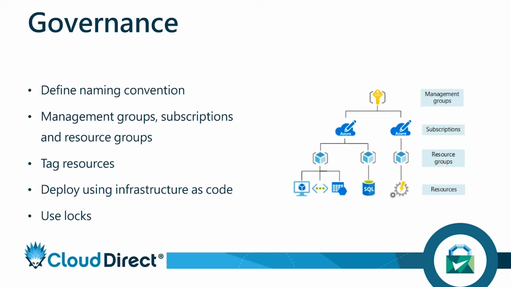Also, consider using infrastructure as code for your deployments. So that could be ARM templates or something like Terraform. It just allows you to have that consistency across environments. Scenarios where it's particularly useful is if you've got multiple application environments that are basically the same. You might have a production, a pre-production, a dev test, and they're all very similar.